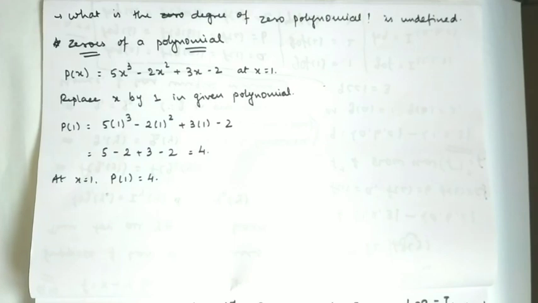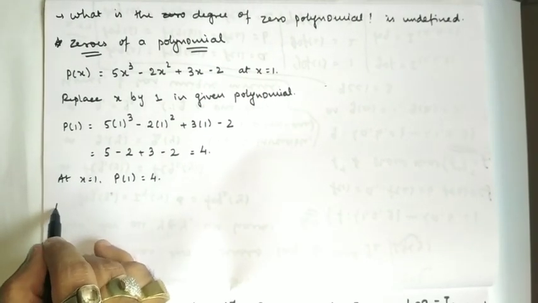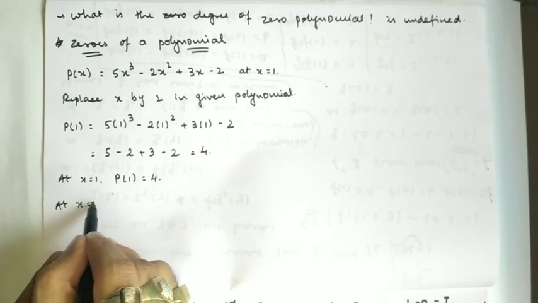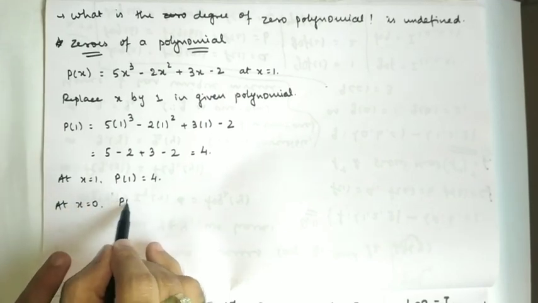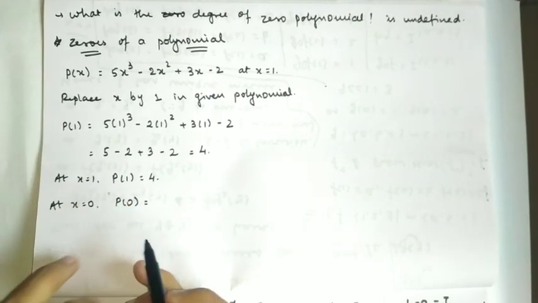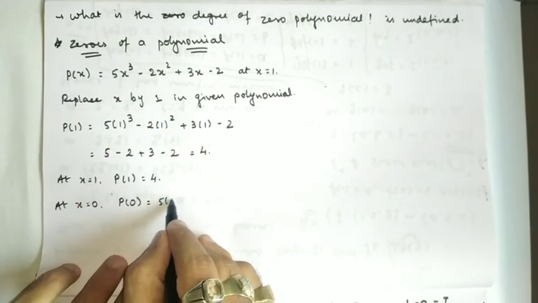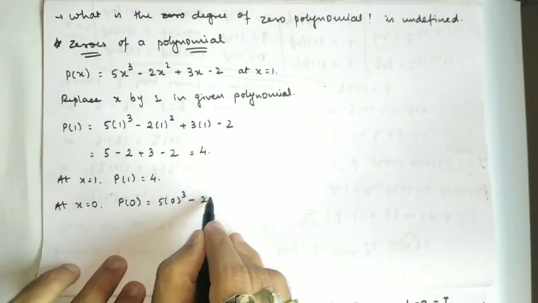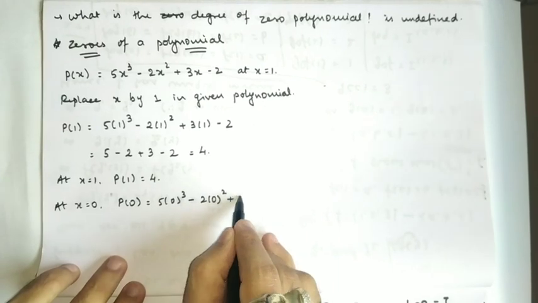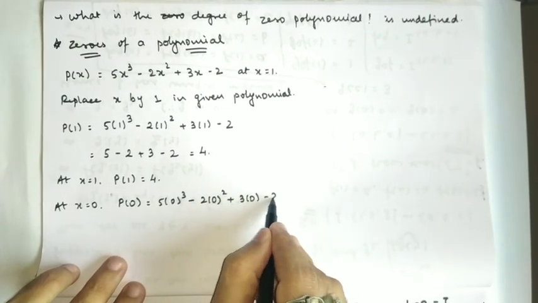What does that mean? The value of this polynomial at x equals to 1 is 4. Are you getting me? Now suppose I want to find the value at x equals to 0. So what I will do? I will replace x with 0. Correct? So it is going to be 5 into 0 cube minus 2 into 0 square plus 3 into 0 minus 2.